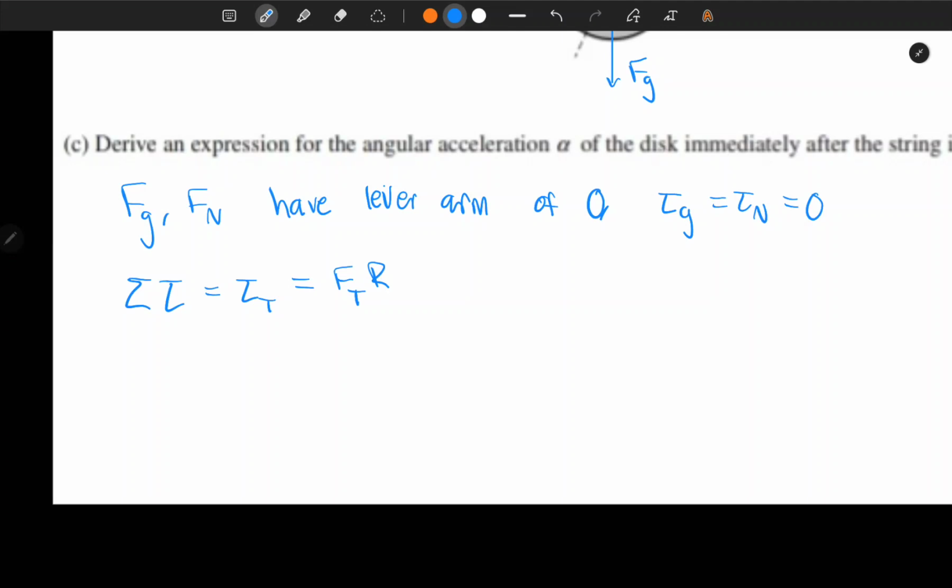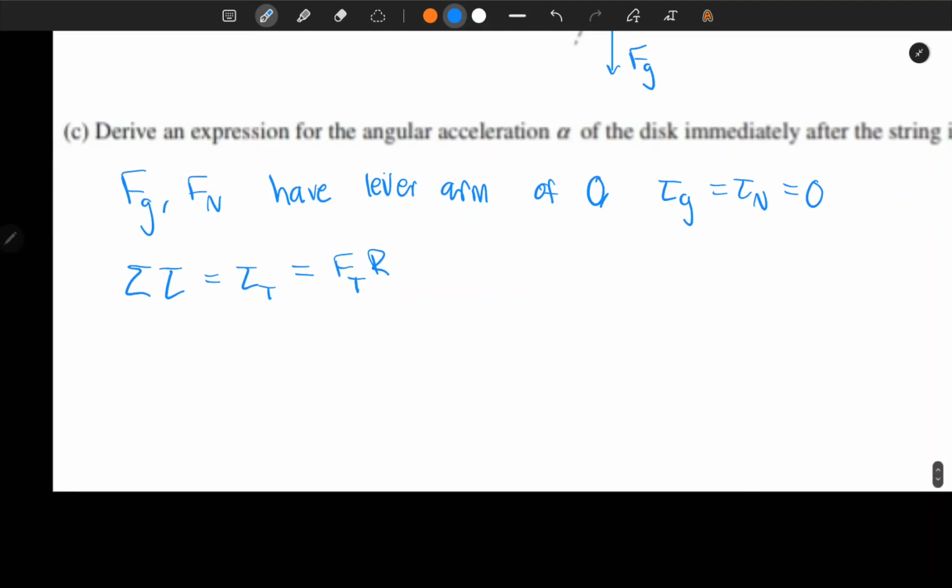So Ft times r. We also know that tau is equal to I alpha, where I is the moment of inertia and alpha is the angular acceleration. But we know that I is given to be 1/2 m_d r squared. And we multiply that by alpha to give us tau.